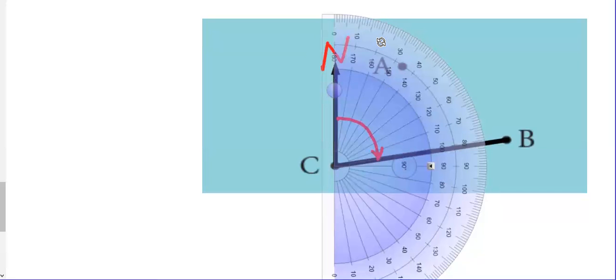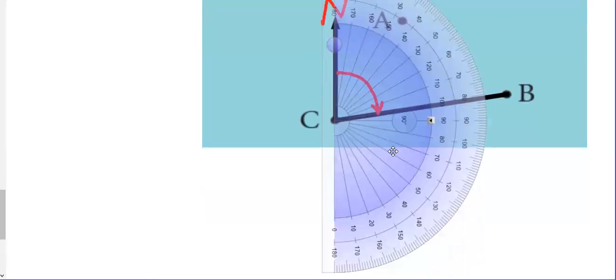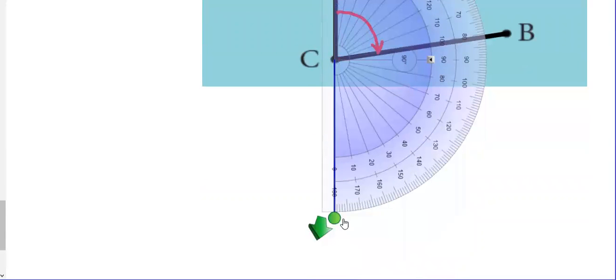Now we read until where? We read 0, 10, 20, 30, 40, 50, 60, 70, until the line CB. Let me show you the line. This is the line I'm talking about. Can you see that line?